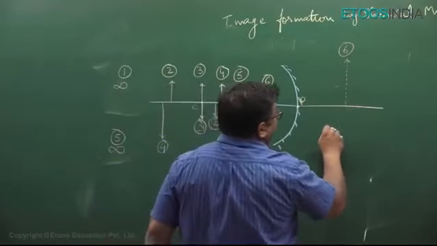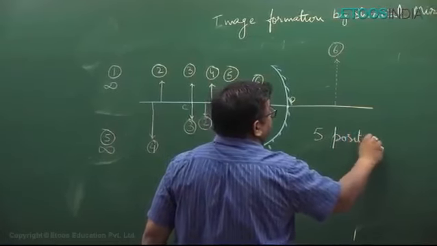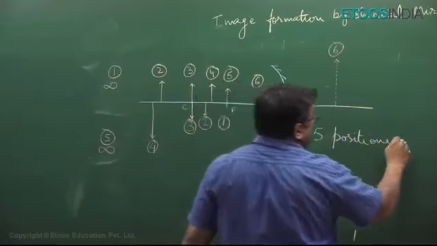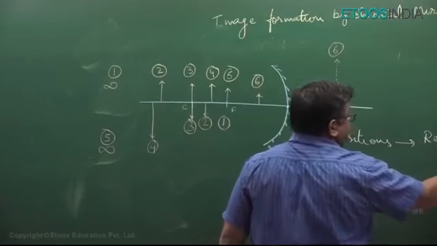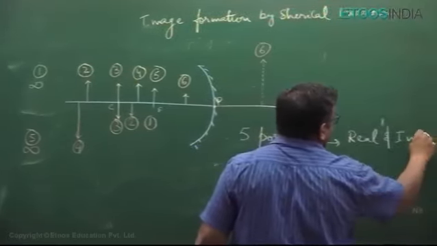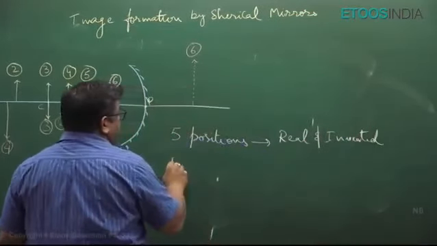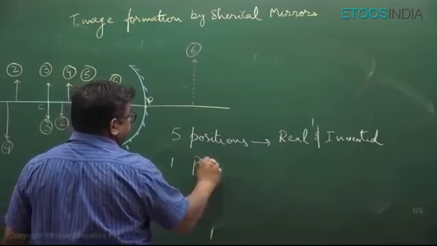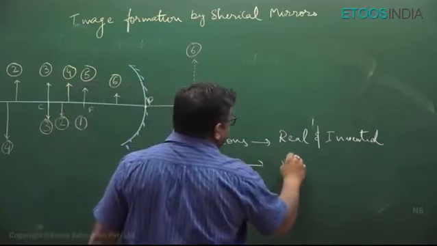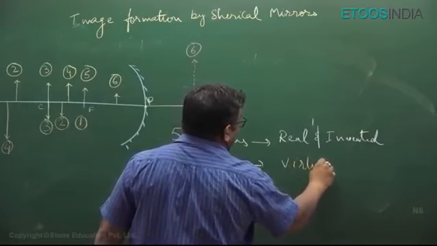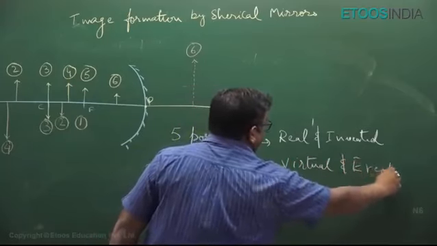Now, from this we come to know that there are 5 positions when image formed is real and inverted, and only one position when it is virtual and erect.